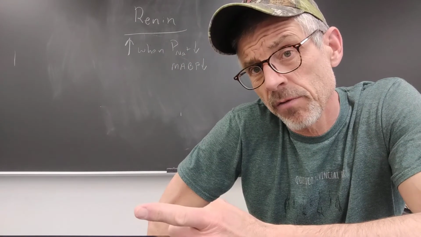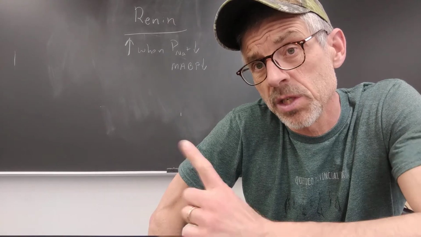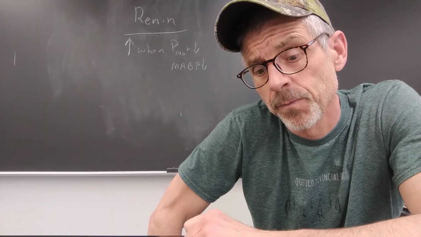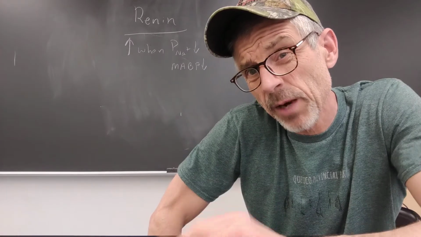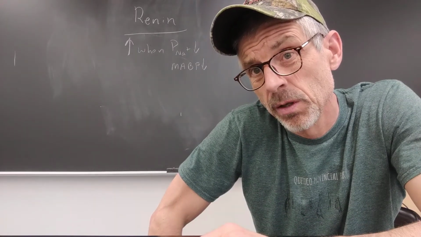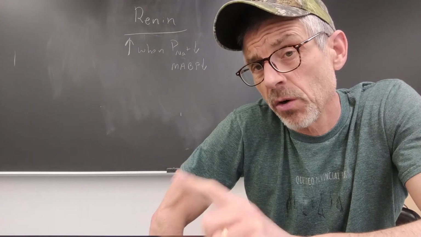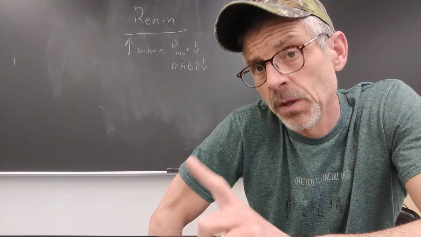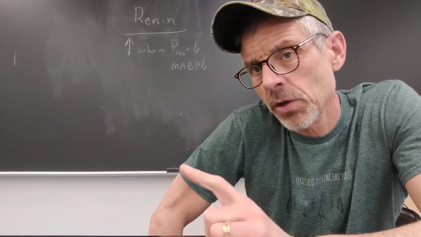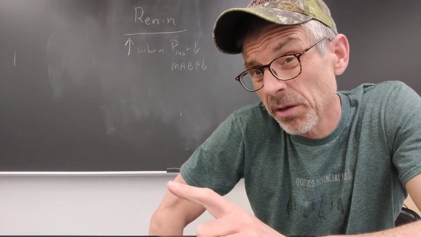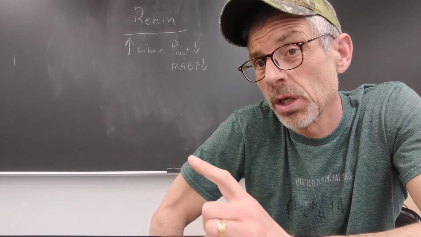The sympathetic nervous system is engaged to stimulate renin in this case. These are the two primary regulators of renin release. As renin levels go up, so does the production of the steroid hormone aldosterone. And this stimulates increased reabsorption of sodium ion out of the distal tubule and the collecting duct.